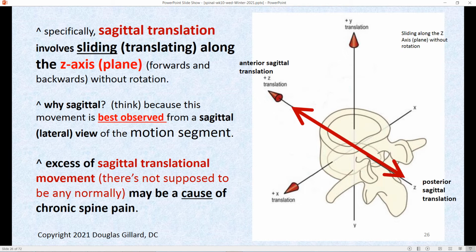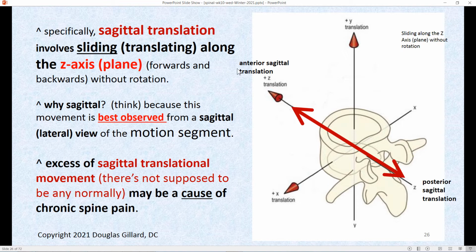It can slide in the sagittal plane is another way to say it, but it can also slide in a horizontal plane, so that doesn't really work. So you just have to memorize that the sliding back and forth is best visualized from the side, and that would be a sagittal cut. You could also say it slides in a sagittal plane.